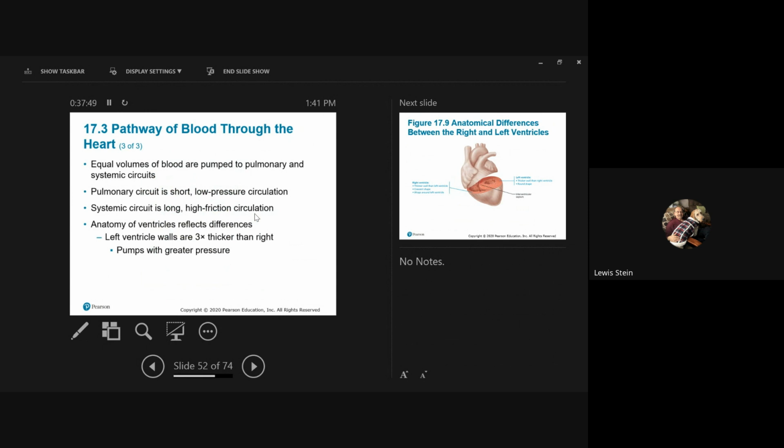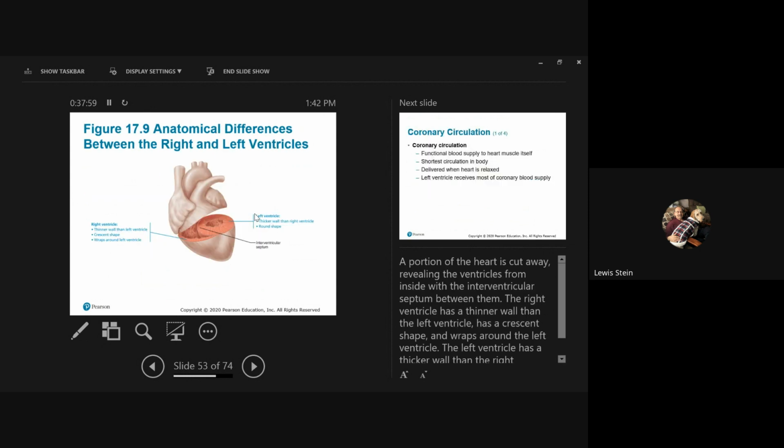The ejection pressure from the right ventricle is about 25 millimeters of mercury, and normally the whole 120 over 80 is about 120 from the left side. It's a good cutaway where you can see the volumes, even though they don't look the same, are the same. The volume in your ventricles is about 4 ounces, about 120 milliliters.